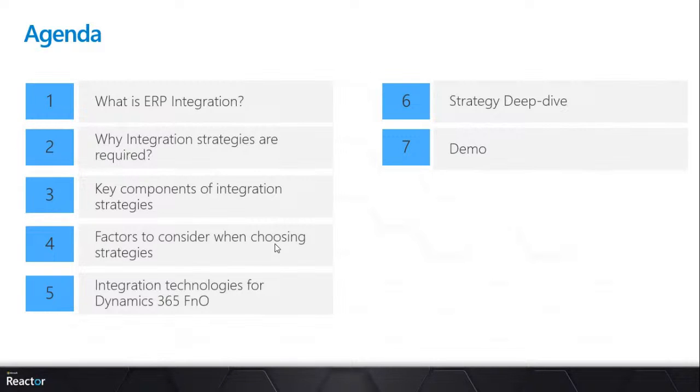So let us talk about our agenda today. For this session, we are going to talk about what integration in ERP is, why integration strategies are required, key components of integration strategies, and factors to consider when choosing integration strategies.